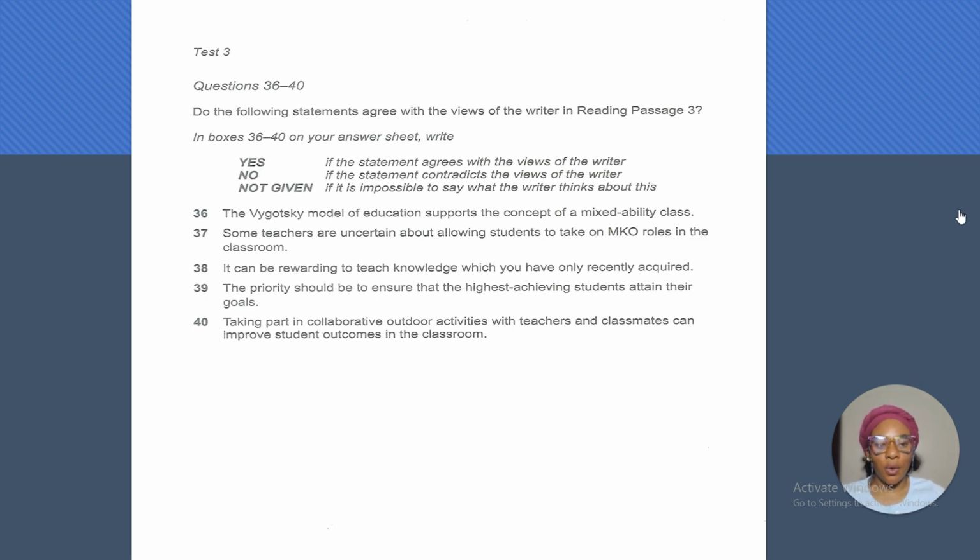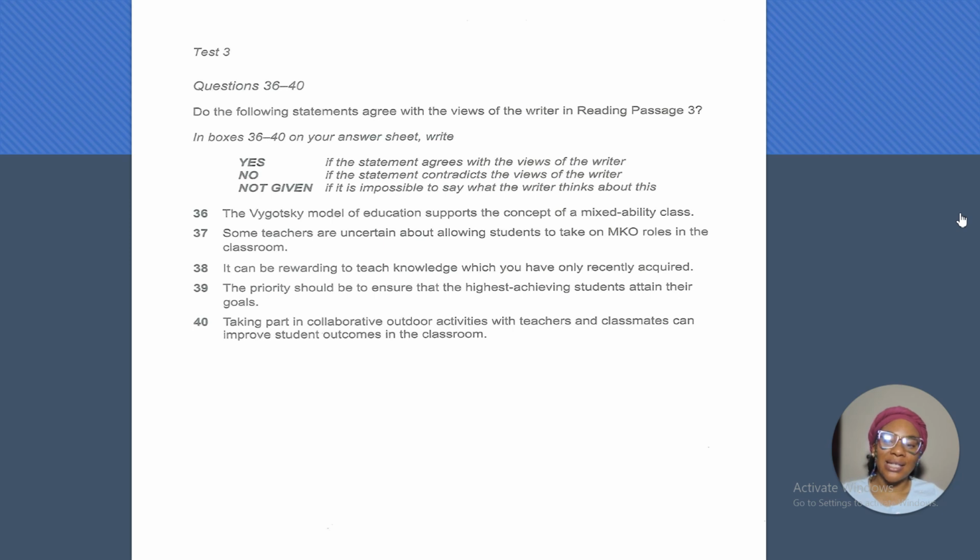Now, you have 36 to 40. That's about 5 questions. Also notice that these are the last 5 questions for the reading test. So this means that you had about one or two other question types before this one, all based on the passage.